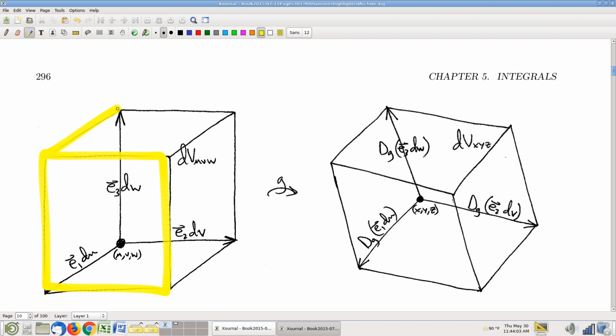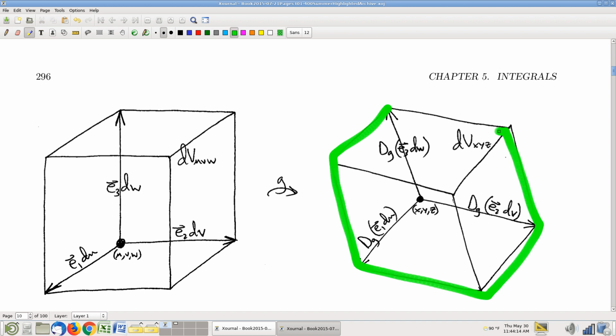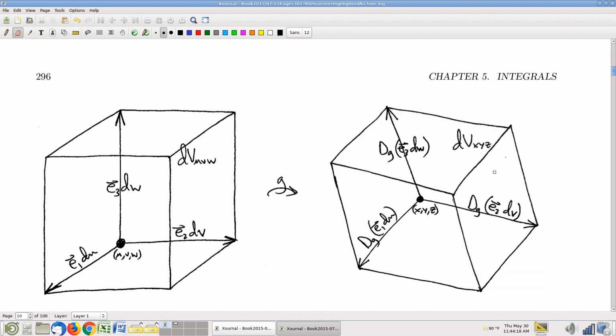That yellow box, little sub box, again blown up large for visibility purposes. And then here's the parallelepiped that it turns into. Right? What's the relationship between these volumes? Well, I just need to be able to compute the volume of this parallelepiped defined by these three vectors.